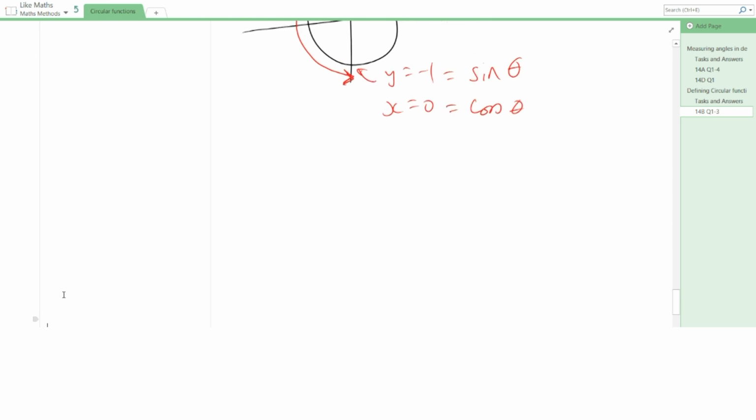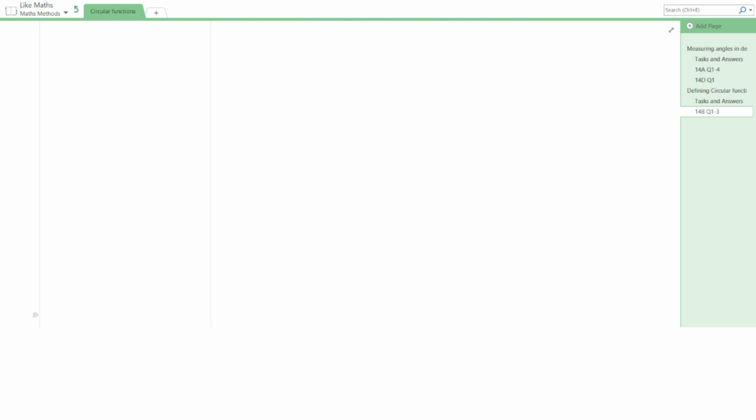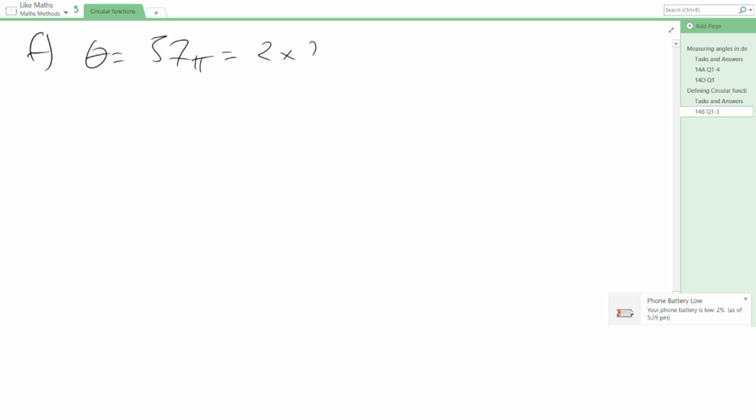On to f. Alright, f is theta is 57 pi. This is quite a big one now, but still, it's 2 times 28 pi plus another pi.